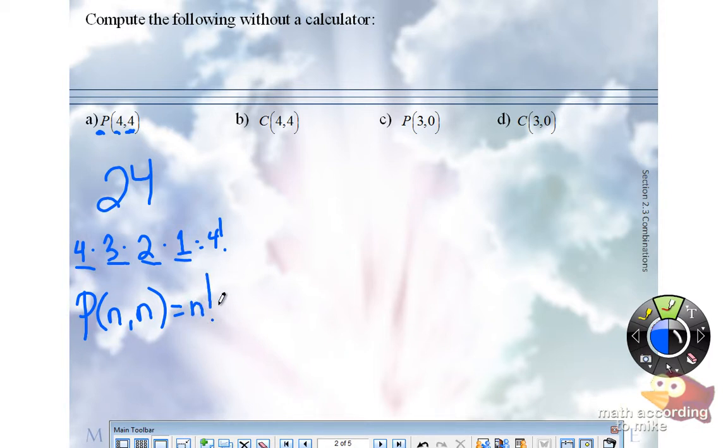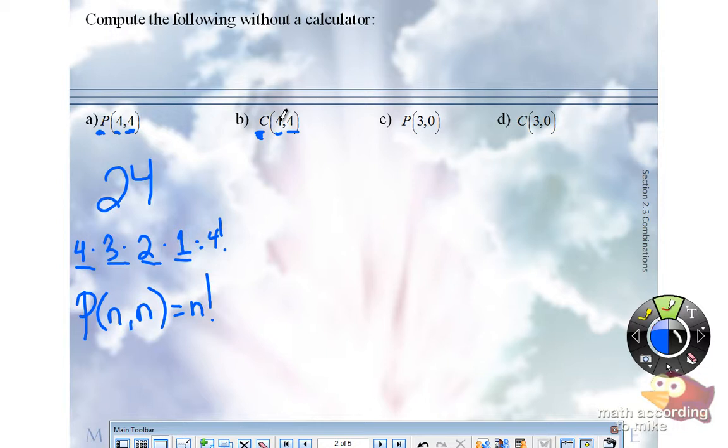All right, that's the tough one. The next ones hopefully aren't that bad. Now in part B, a combination of 4 objects taken 4 at a time where order does not matter. Well, you have 4 blocks on the ground. You need to pick up all 4, but it doesn't matter the way you pick them up, or the order in which you pick them up, I should say.